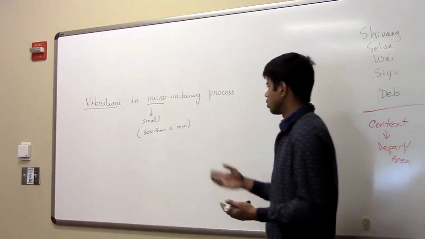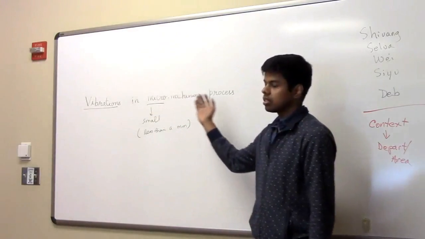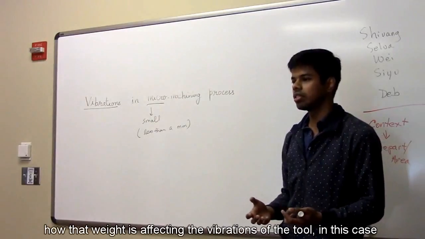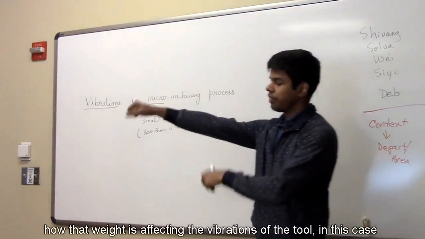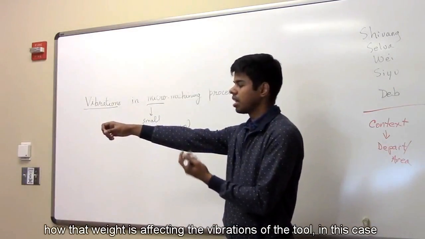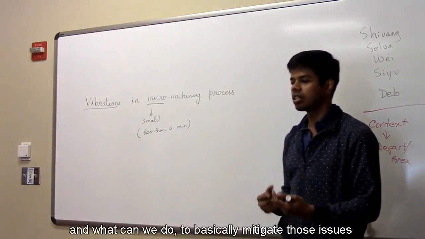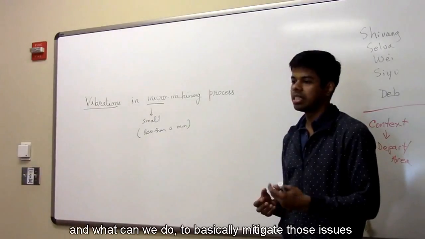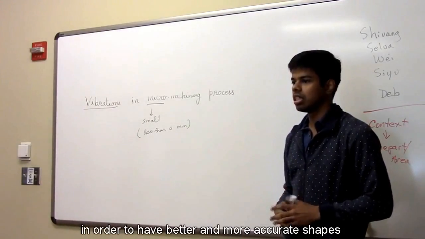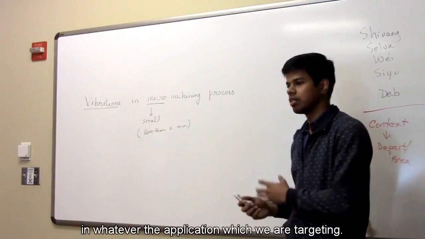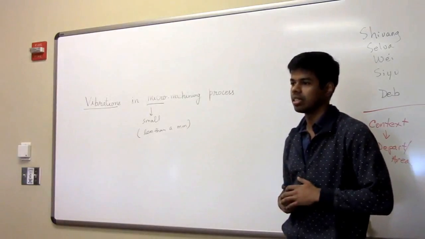So overall in this entire study, we try to study how that weight is affecting the vibrations of the tool, and what we can do to mitigate those issues in order to have better and more accurate shapes in whatever application we are targeting.